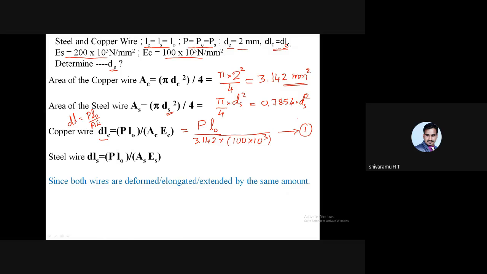And next, steel wire. So deformation of the steel wire, DLS is equal to PL naught over AS into ES. P is the load, which again is the same as on the copper wire. Area of the steel wire: here the diameter of the steel wire is unknown, so we are going to express the area of the steel wire in terms of ds square.